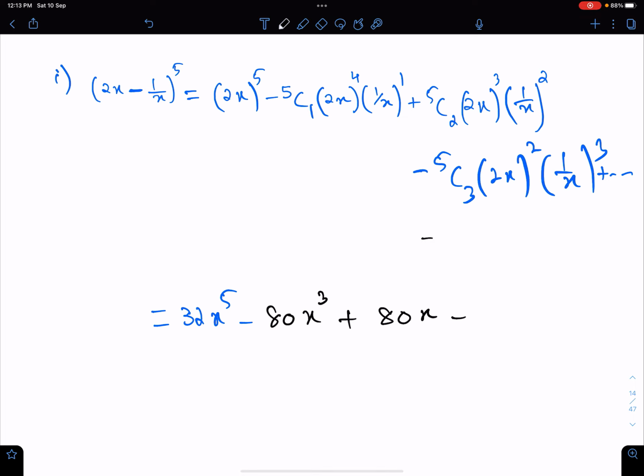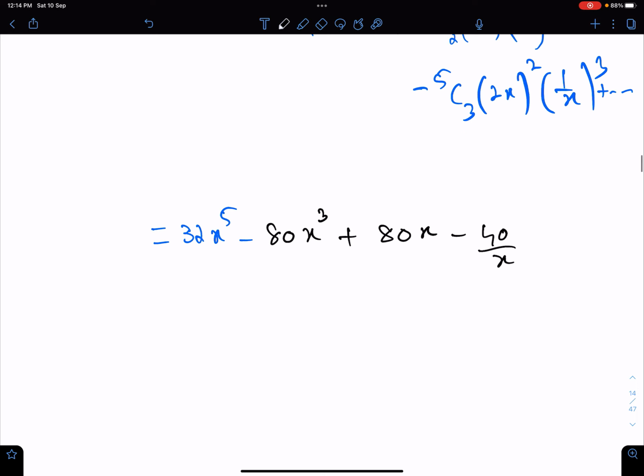Let me check 5c3. I don't have the calculator. 5 into 4 into 3 over 3 into 2 into 1. So 3, 3. So 5c3 is 10. It's not 20. So this result is 10. This is 4. So 40, and upon x. And the question was to find the coefficient of x.